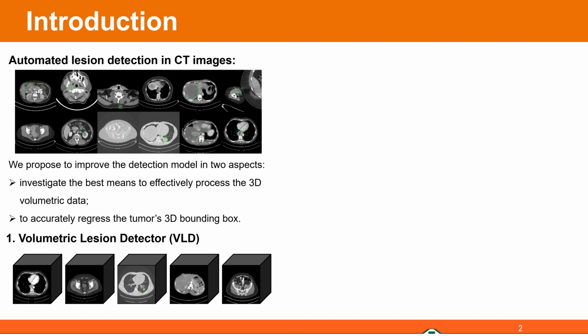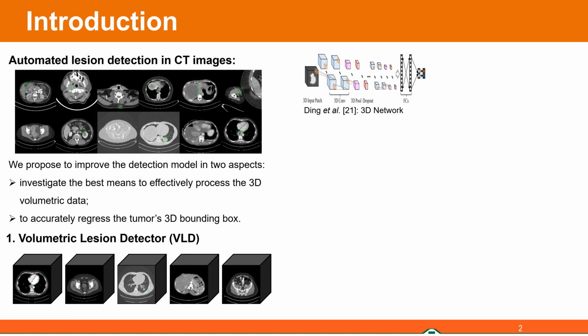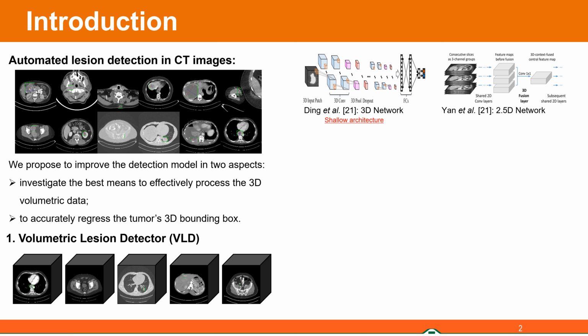CT scans are volumetric, so incorporating 3D context is key in recognizing lesions. As a direct solution, 3D convolutional neural networks have achieved good performance for lung nodule detection. However, due to GPU memory constraints, shallower networks and smaller input dimensions are used. 2.5D networks have been designed that use deep 2D CNNs with ImageNet pre-trained weights and fuse image features of multiple axial slices.